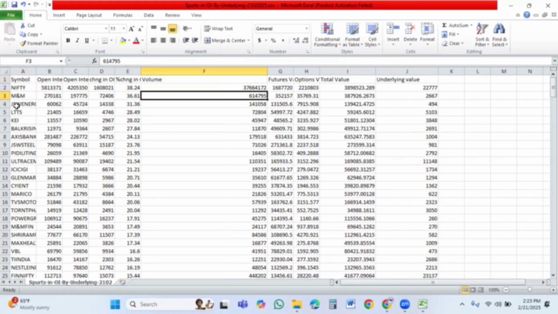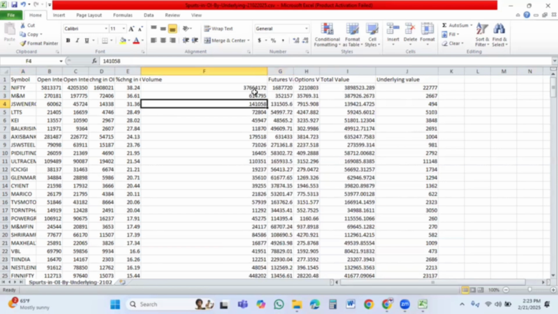For example, JSW Energy has got a certain volume, M&M has got a certain volume, Axis Bank or Balkrishna has got a certain volume. If you compare these volumes, you'll find a difference. Obviously, JSW Energy is being shown very high interest.